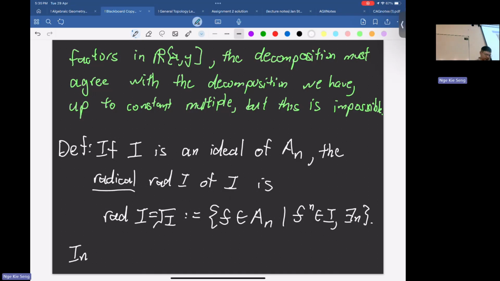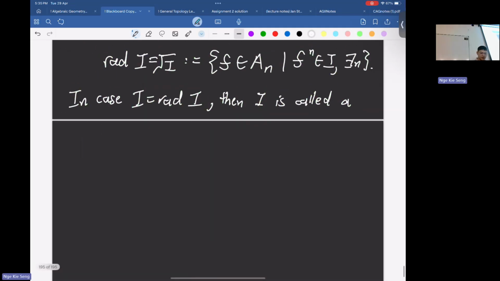So in case I equals rad I, meaning for all powers of f living in I, f is also living in I, then I is called a radical ideal. Meaning for all the powers of a function living in I, its roots also live in I, then this ideal is called a radical ideal.